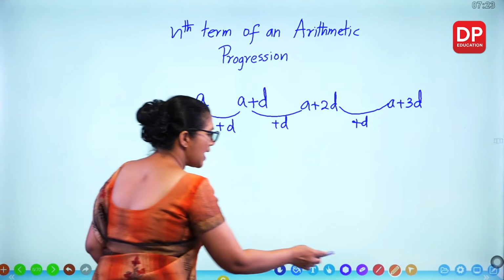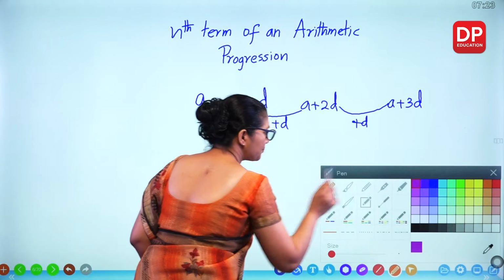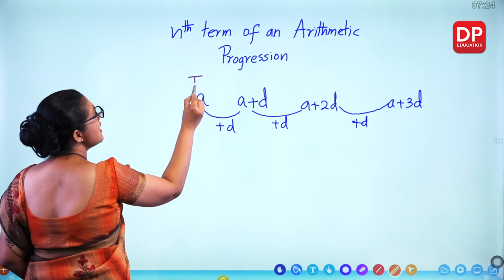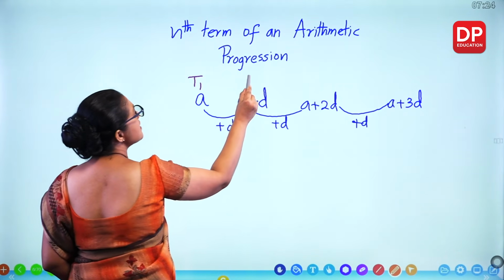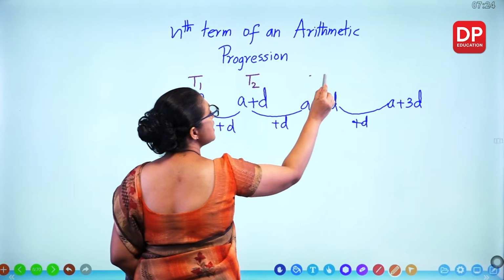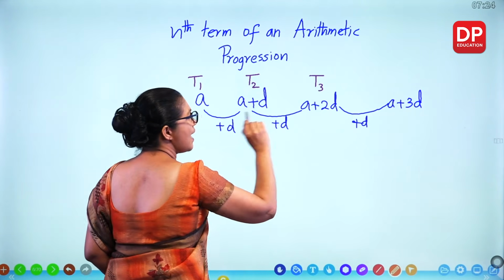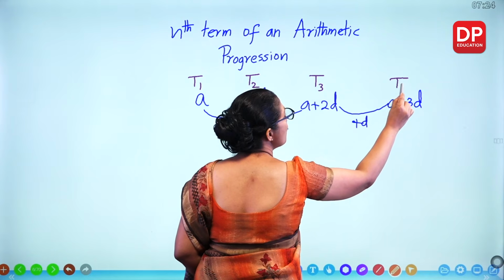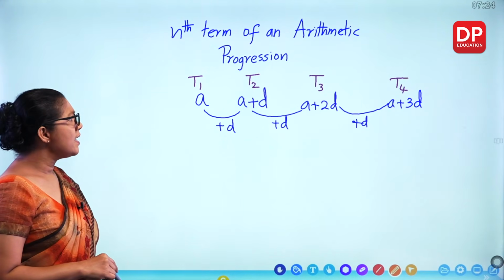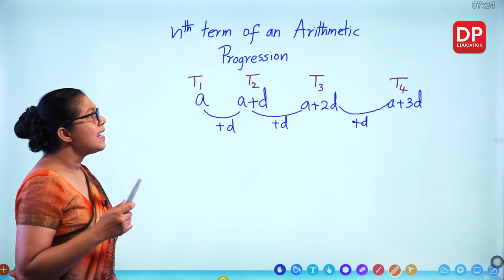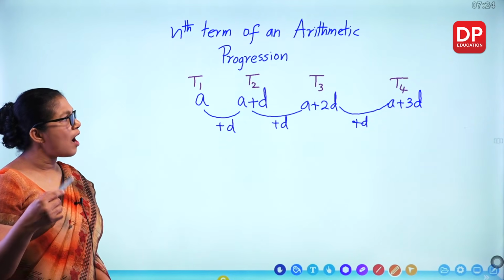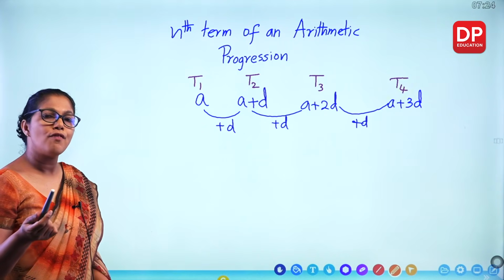So, we take symbols, first term as T1, second term T2, T3 and T4 for the fourth term. So, we need to identify the nth one. How can we find out the formula?